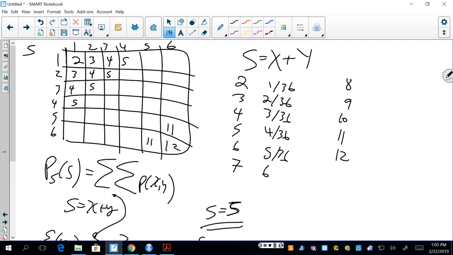There are actually 6 ways to add up to 7. 1 through 6 on this one can be matched to one number over there, and you can get that. Then 5 out of 36, 4 out of 36, 3 out of 36, 2 out of 36, and 1 out of 36. These different probabilities.